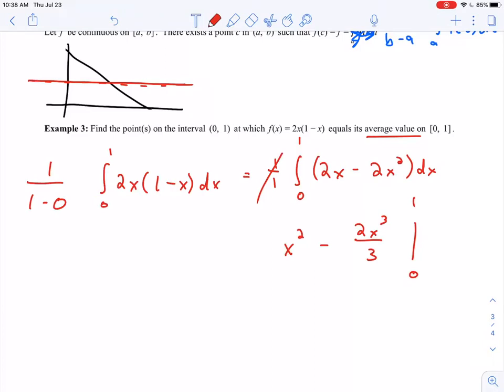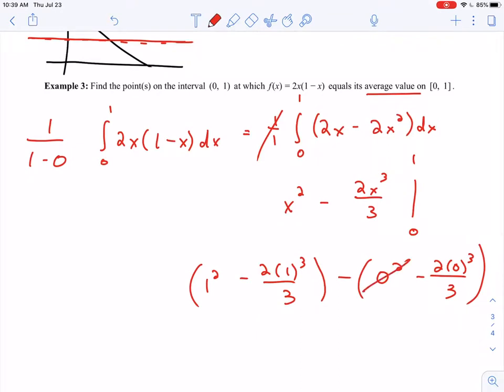So x squared, that's going to be 1 squared minus 2 times 1 to the third over 3 minus 0 squared minus 2 times 0 cubed over 3.